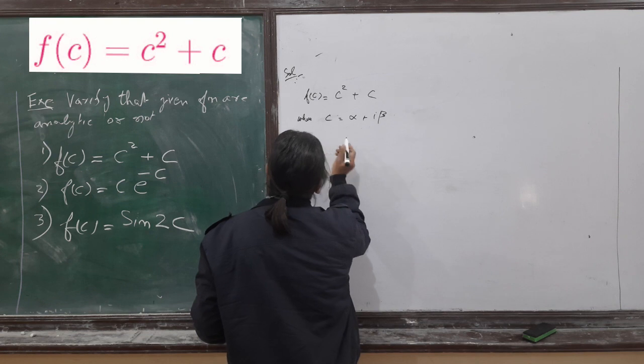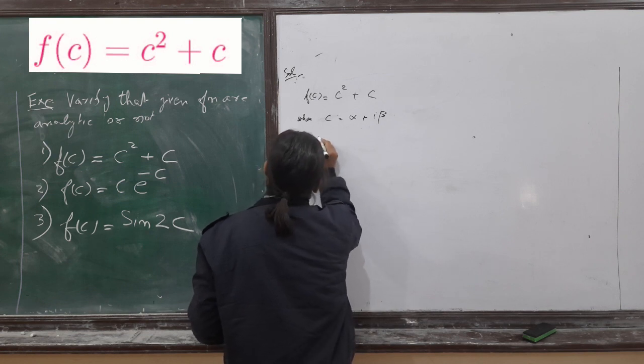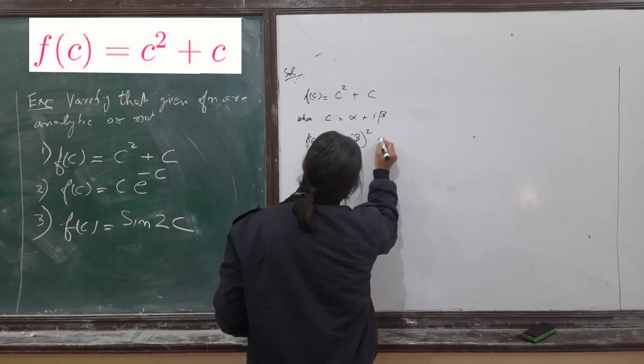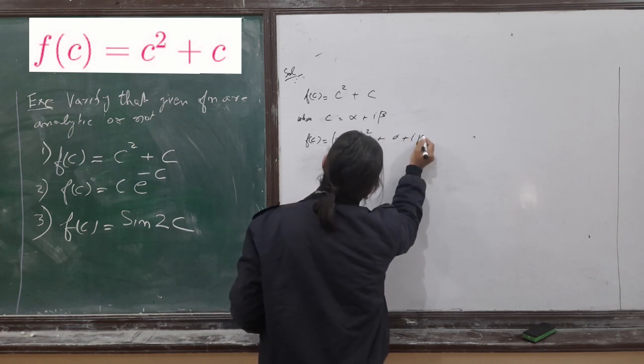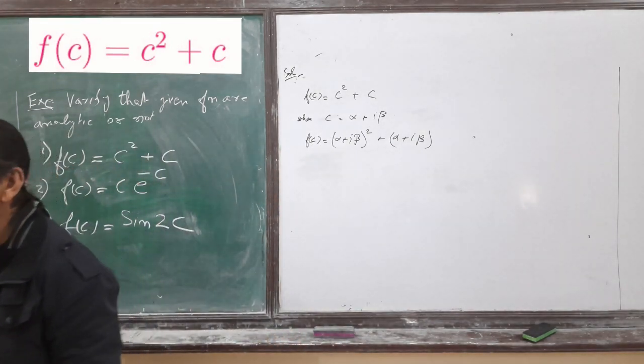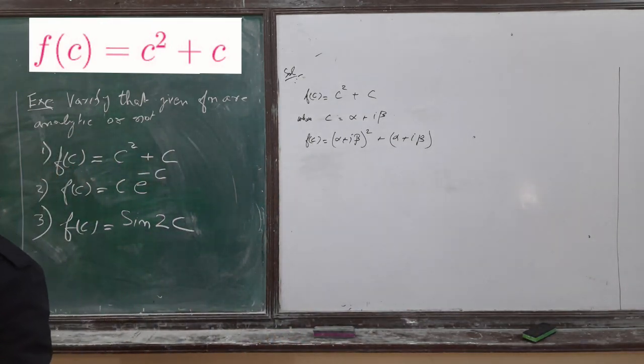So f(c) will be (alpha plus iota beta) square plus alpha plus iota beta.